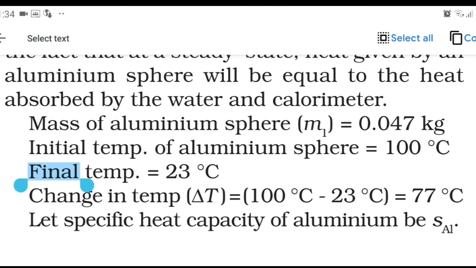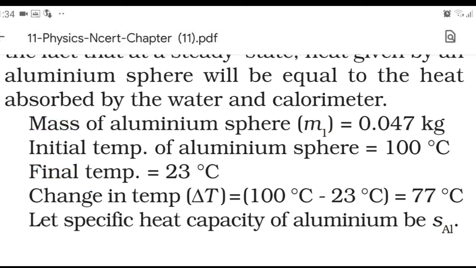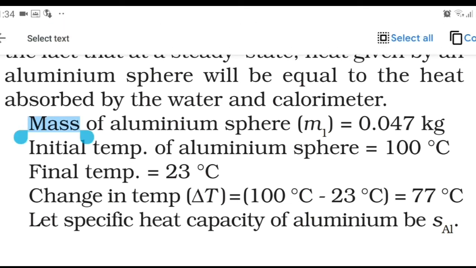So for the aluminium sphere, it is actually the specific heat capacity of aluminium which we need to find. All other specific heat capacities we can take from the table which is given in the textbook. So we have, for the aluminium sphere, its mass is 0.047 kilogram, and initially it is at 100 degrees Celsius, and finally in the steady state its temperature has become 23 degrees Celsius. So the temperature difference for the aluminium sphere is 100 minus 23, that is 77 degrees Celsius.